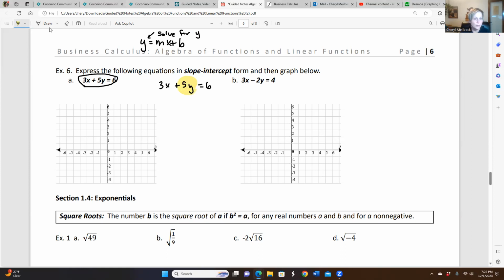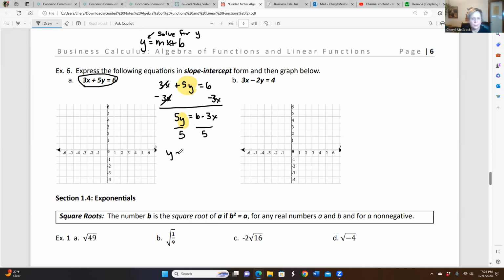I want to get the 5y by itself, so we are going to subtract that 3x. That will leave me with 5y equals 6 minus 3x. We're almost there. Now, to isolate the y, since the 5 is being multiplied by that y, we'll divide by 5.